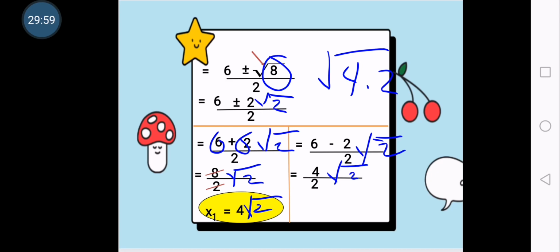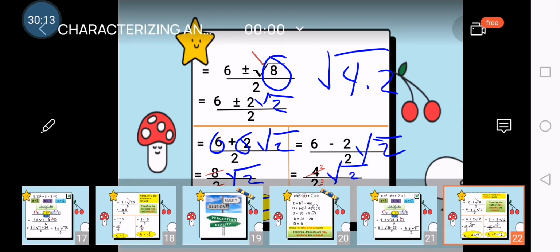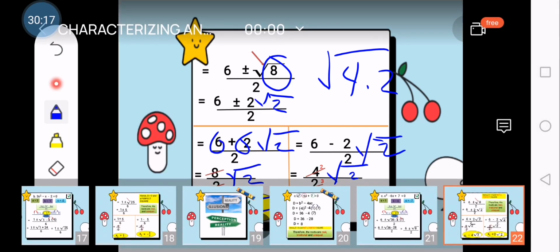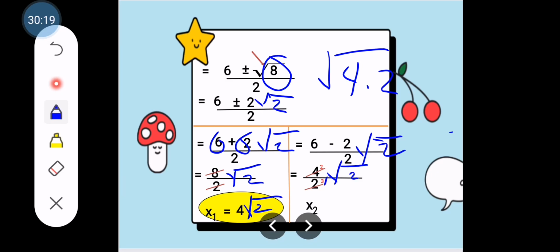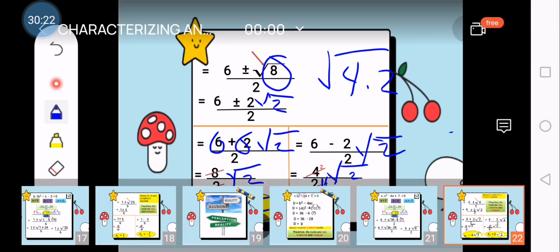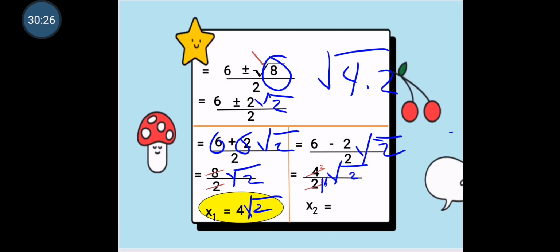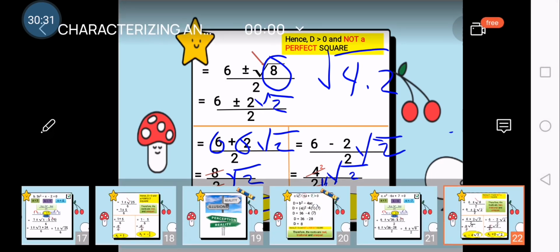So, 4 divided by 2 is 2. Hindi po siya 3, dapat ay 2. Hindi po yan 3 ha. So, dapat po yan ay 1. Magiging 1 na ito. Yan. So, we have the second root. So, it will be 2 the square root of 2.